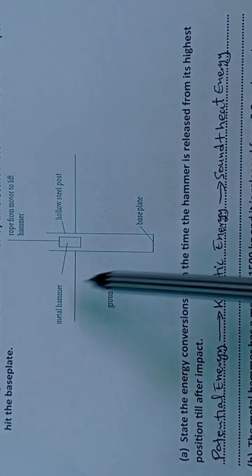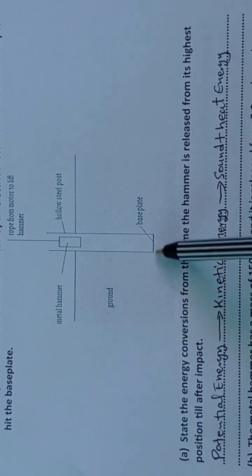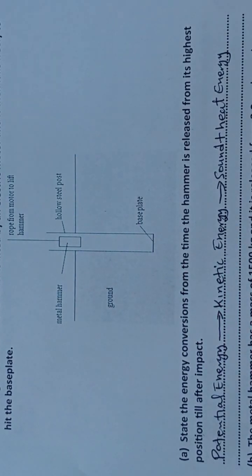Okay, so before the hammer begins to move, it was possessing potential energy. As it begins to move, potential energy is converted to kinetic energy. As the metal hammer hits the base plate, it will make a sound. So kinetic energy is converted to sound energy plus heat energy.